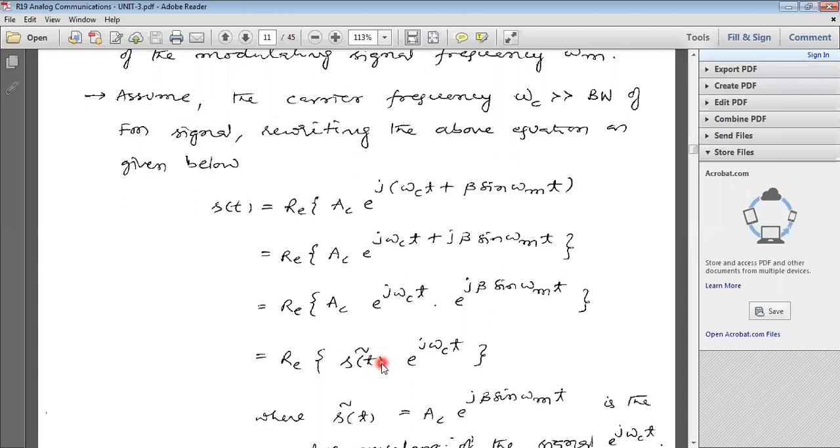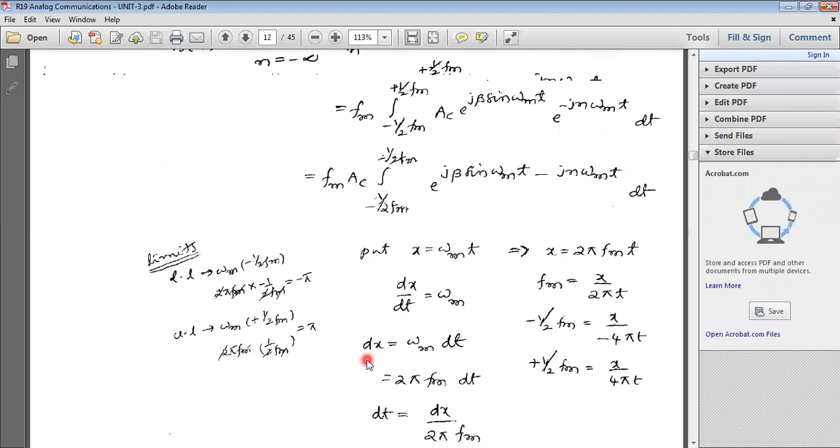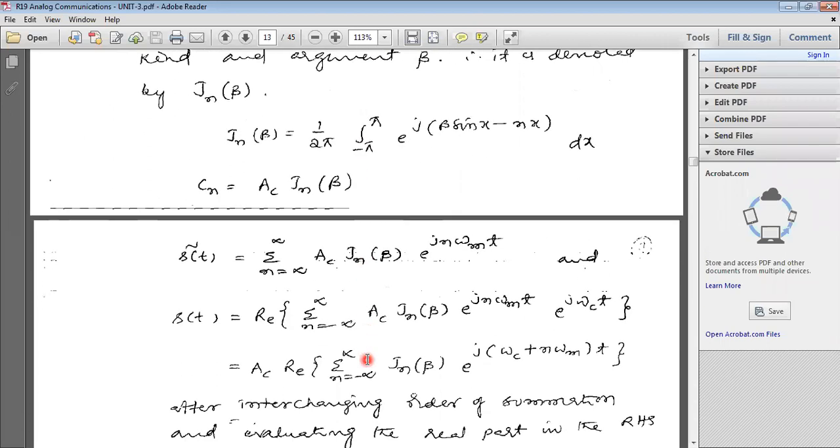At the first step, you take the complex envelope. After finding the complex envelope, we substitute that complex envelope of S of t in the original signal. Now take this as equation number 6. Substitute 6 in 1. What is 1?